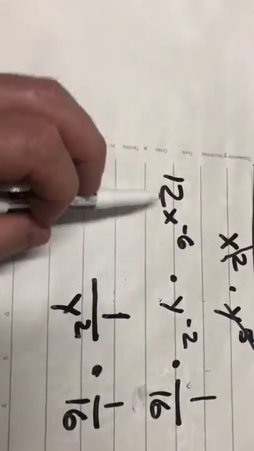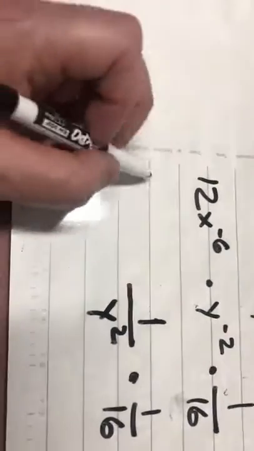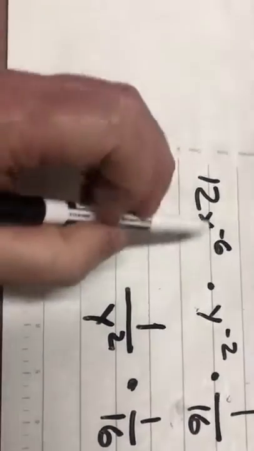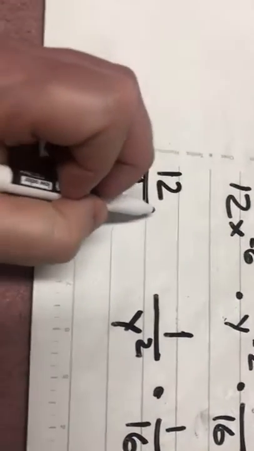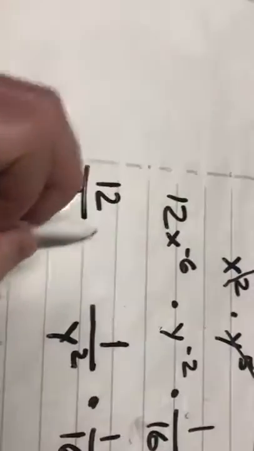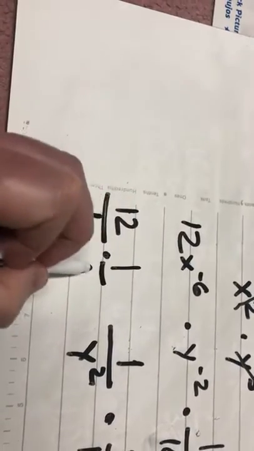Now let's think about 12 times x to the power of negative 6. If I want to make 12 a fraction, that's going to be 12 over 1. If I want to make x to the power of negative 6 a fraction, it's a negative exponent, so it's going to be 1 over x to the power of 6.